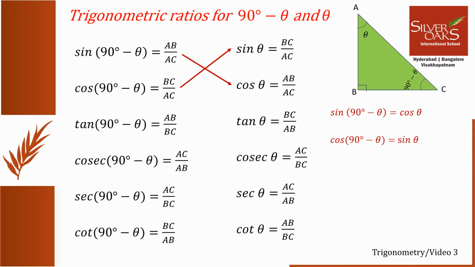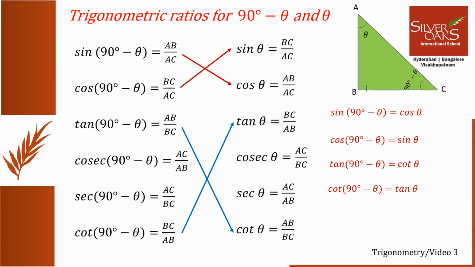Similarly, look into tan 90 degrees minus theta, which is AB by BC, where you find AB by BC in the second column. Cot theta is equal to AB by BC. So, tan 90 degrees minus theta is equal to cot theta. The next one, cot 90 degrees minus theta is BC by AB, which is equal to tan theta.